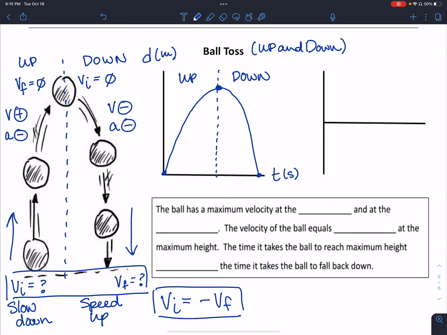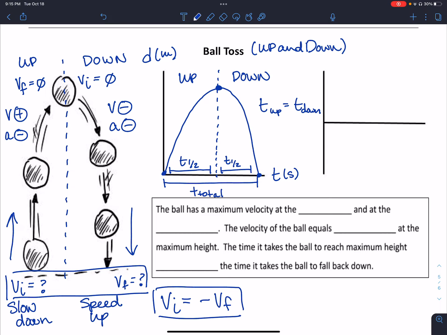Maximum height occurs when that velocity value is zero. Now this total time means that each piece is half of that time, right? The time it takes to go up needs to equal the time it takes to go down.